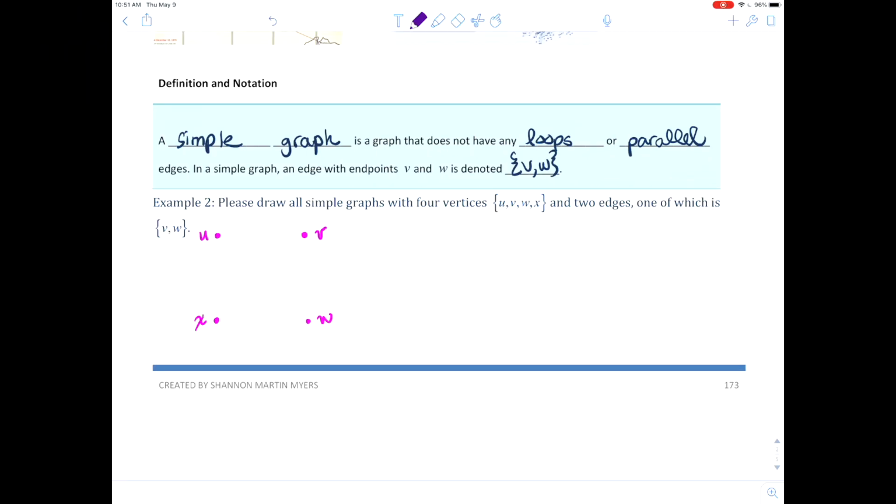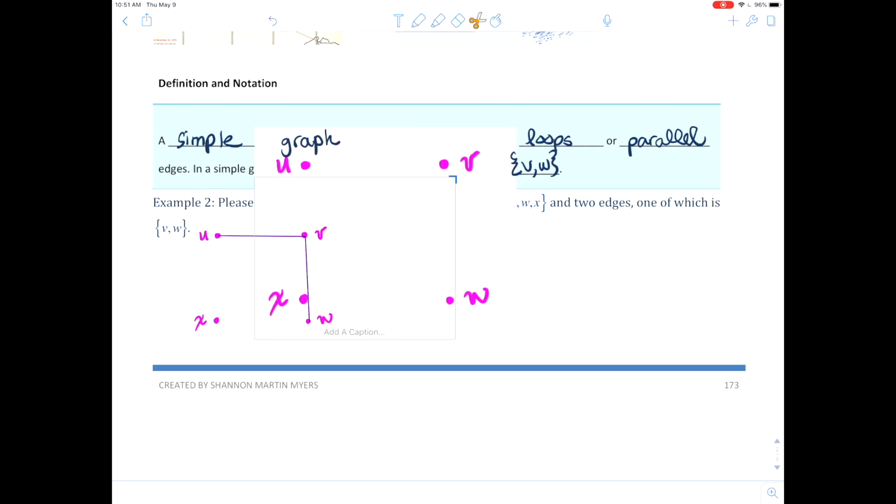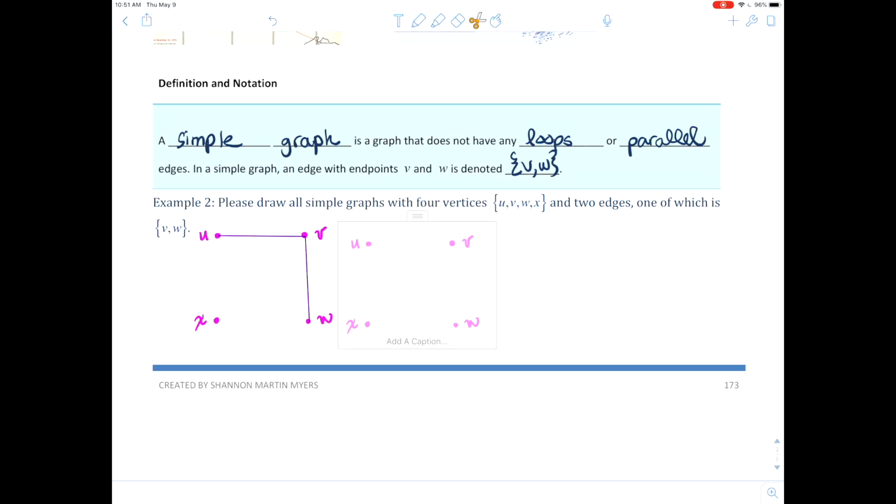So one of the requirements here is that one of the edges has to have V and W connected. If I start with that premise, I can certainly do a graph that looks like this, where we've got an edge between U and V, and an edge between V and W. That would be number 1.